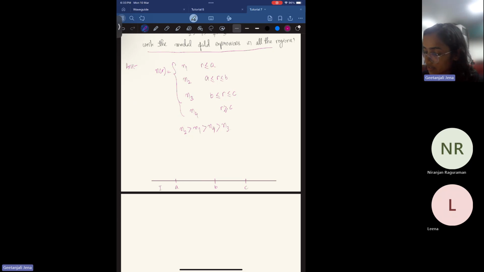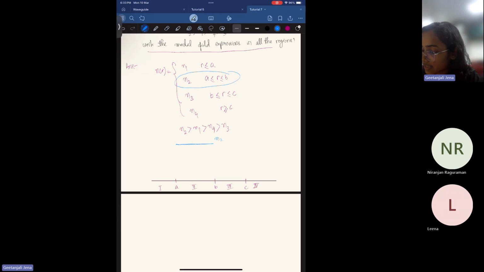Let us say this is region 1, region 2, region 3, and region 4. In region 1, we have N1. The highest value of refractive index is between a and b, which is N2.